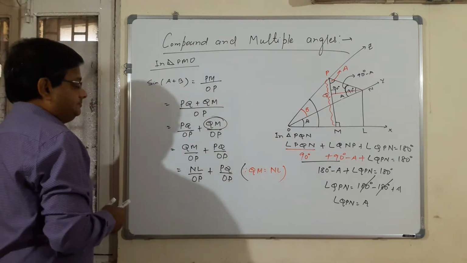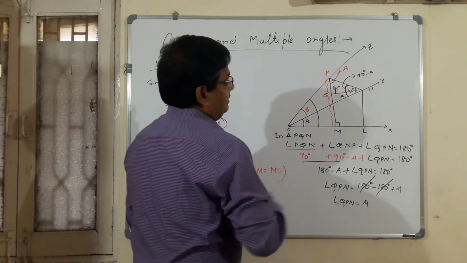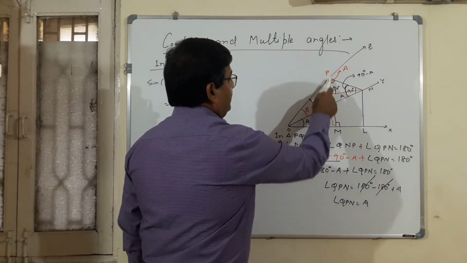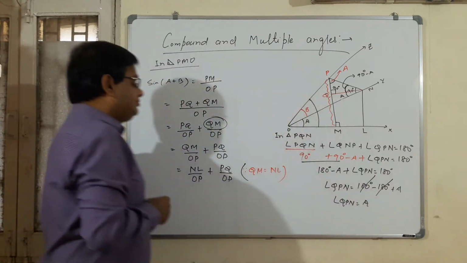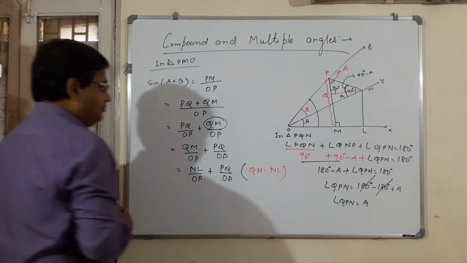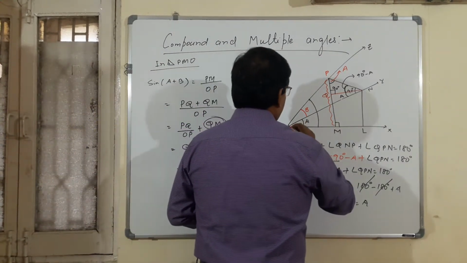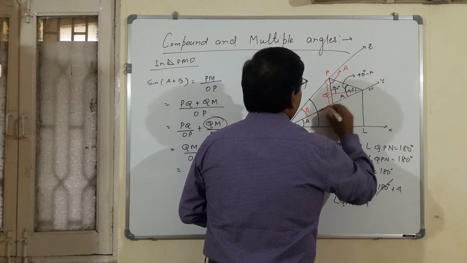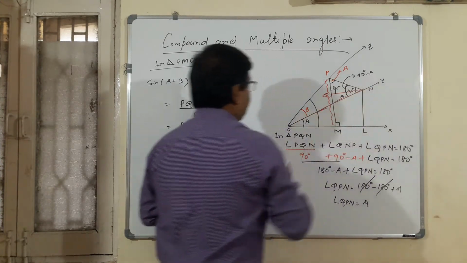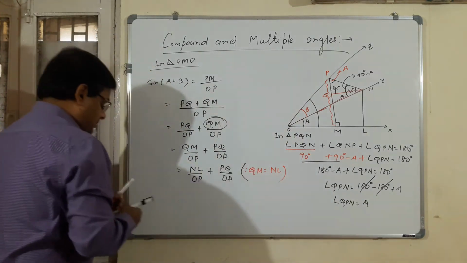Now here, NL divided by OP. This one is not coming in any triangle. So what I am doing? This middle one, I am multiplying and dividing by ON.